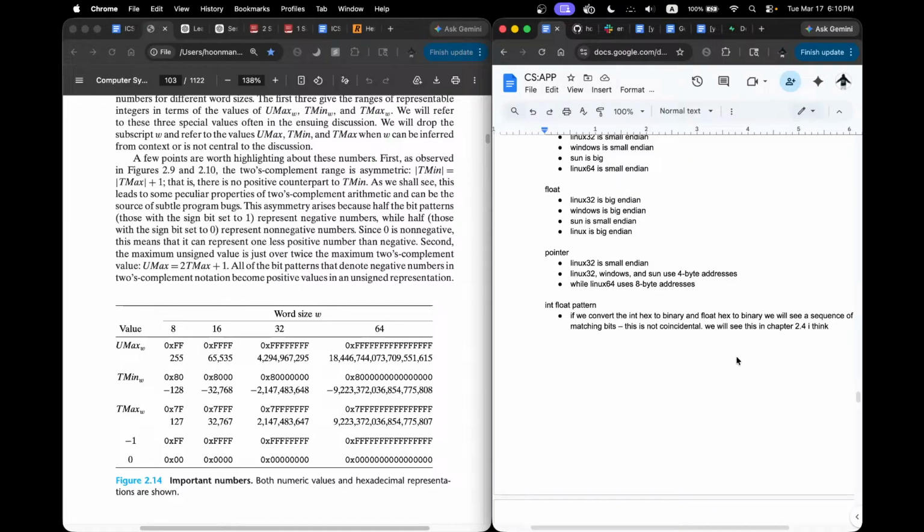Okay. I need to write down the important concept here. Unsigned max and min is asymmetric. Asymmetric. Okay. Tmin equals Tmax plus 1.